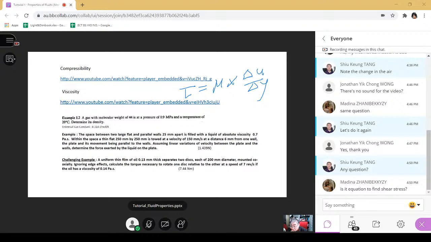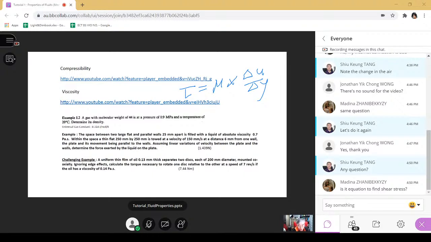Is it the equation to find shear stress? Yes, the same equation that we use to find shear stress, I mean the shear stress due to the viscous property of the fluids. Okay, viscous stress.